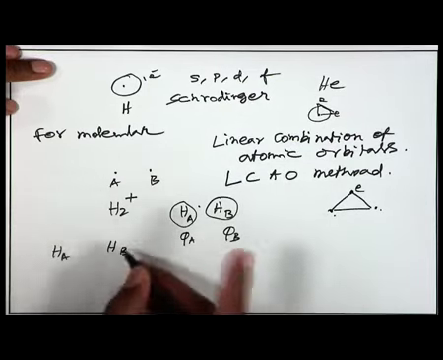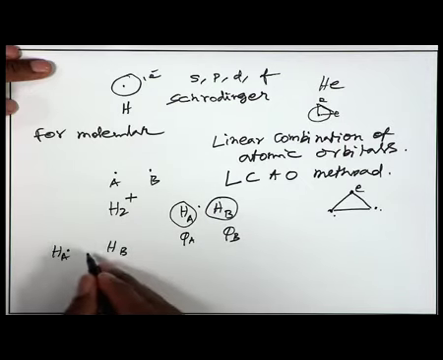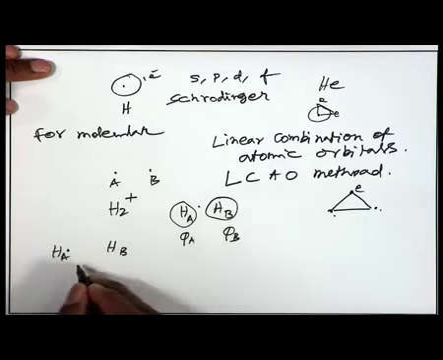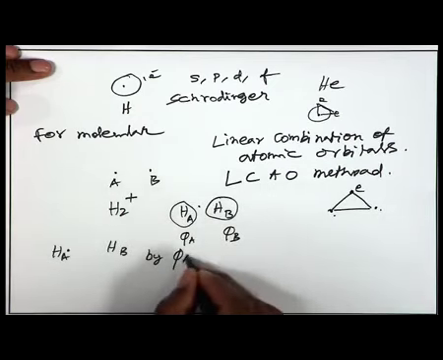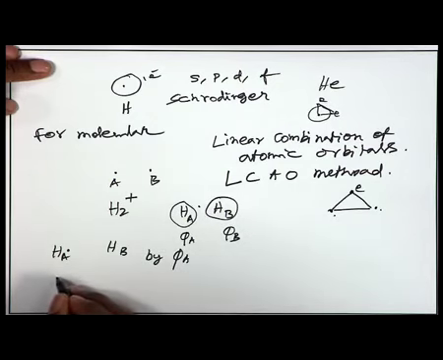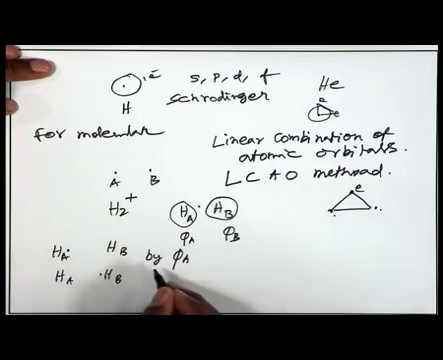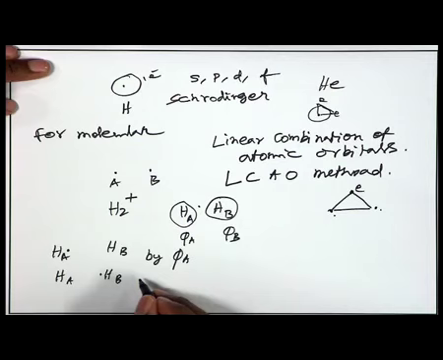That electron at any time can be closer to hydrogen atom A. Then you can describe the electron, or the whole molecule, by using the wave function of hydrogen atom A. At another time, that electron can be very close to hydrogen atom B. Then the behavior of this electron can be described using the wave function of hydrogen atom B.